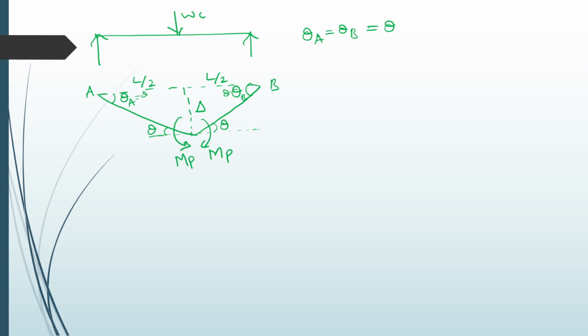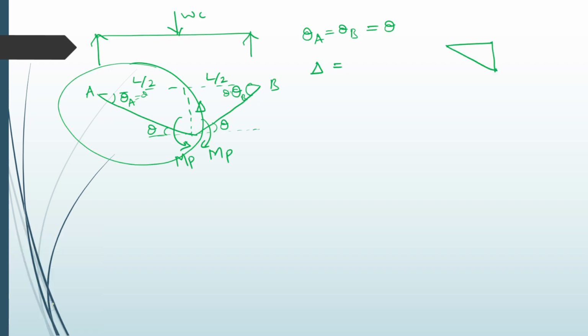Before external work done, what is the value of delta? How are we going to get the delta value? Consider this half triangle, with L by 2 and the delta value. We apply tan theta.